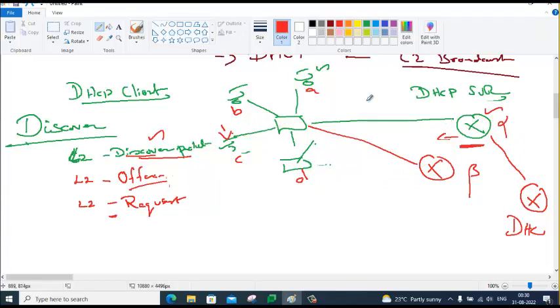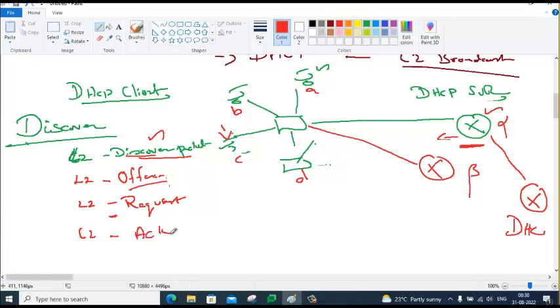So the DHCP server receives the request and copies the MAC address of the client into a table called the DHCP binding table, and to that MAC address it allocates an IP address from the DHCP pool, and that IP address it sends again as a layer 2 broadcast packet called acknowledgement.